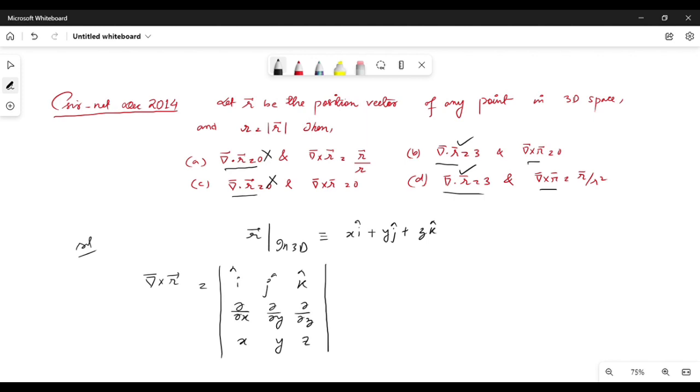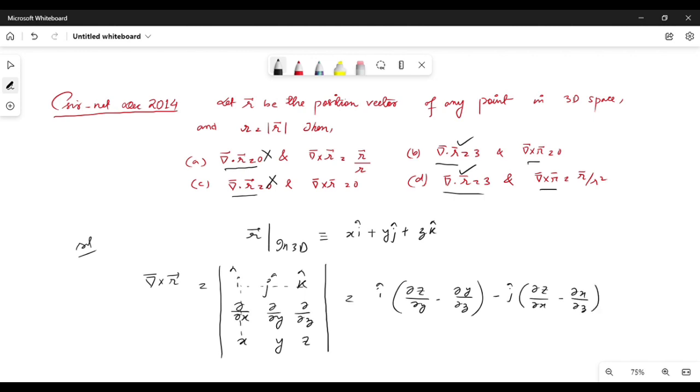Then I can write i cap, and do the L type of contraction, so it will be del z by del y minus del y by del z. Then it would be minus j cap, del z by del x minus del x by del z.